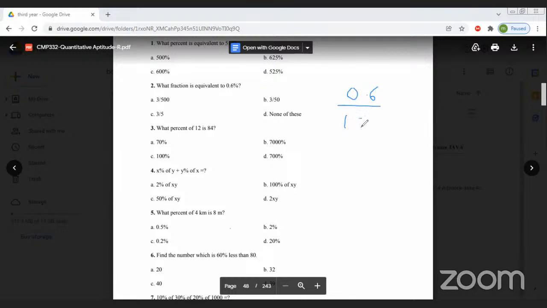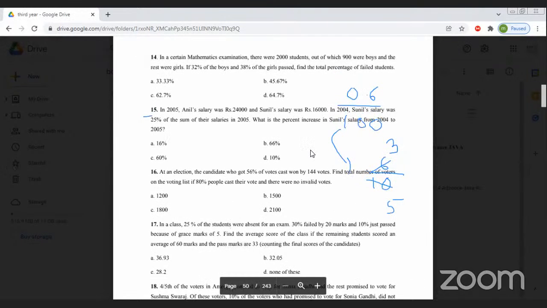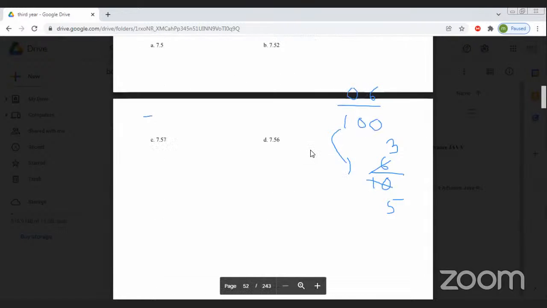When you are converting percent to fraction, you need to divide it by 100. So it will be in which form? 6 upon 10. So two threes are, two fives are. So this will be the answer. Let's cross check it. 3 upon 5 should be our answer.